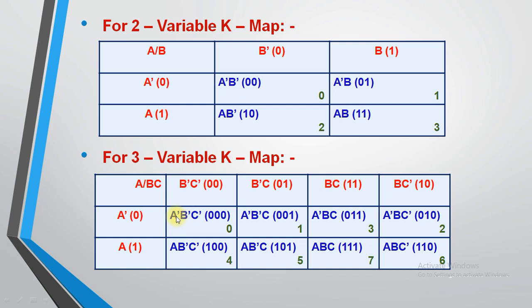You can see that at the left it is A dash, B dash, C dash. Now focus on this particular cell. It is A dash, B dash, C. In this way you can create the table. I will explain this later on.